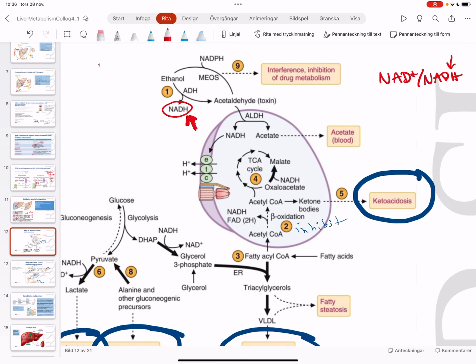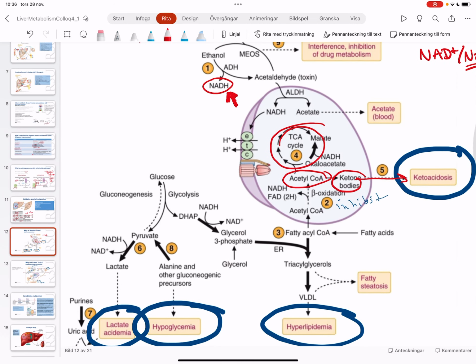We will get an excess of NADH. This will inhibit the citric acid cycle. If we inhibit the citric acid cycle, the acetyl coenzyme A will accumulate and form ketone bodies, and we will get ketoacidosis. So that's one thing that will happen because of the NAD plus NADH imbalance.